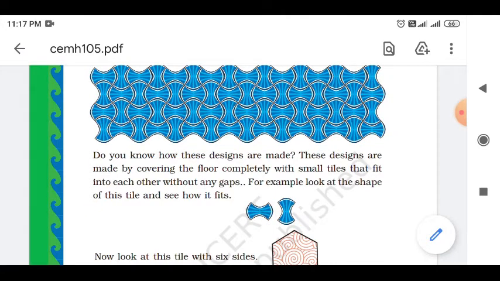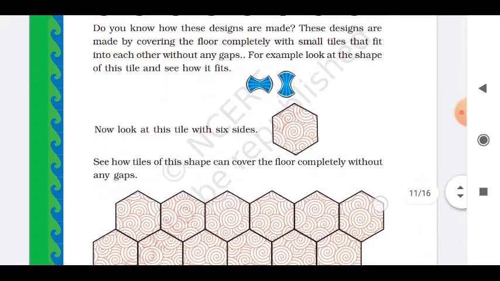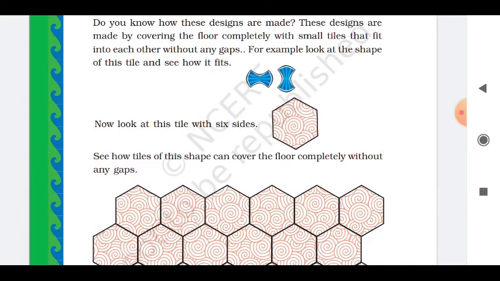Not only this design, you can observe in your home how the tile patterns are made. Whether there is a gap or not, completely no gap means it will be a pattern. They are arranged like patterns.